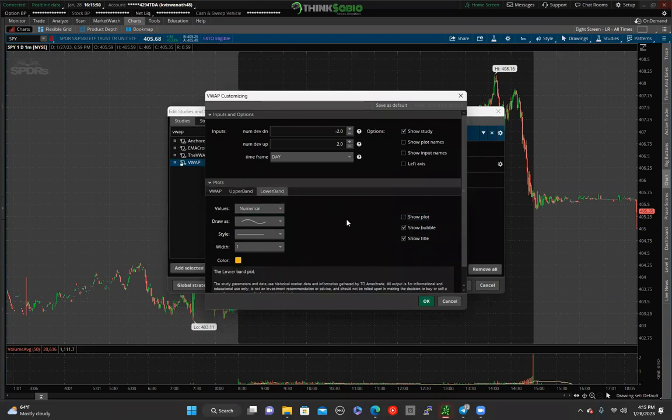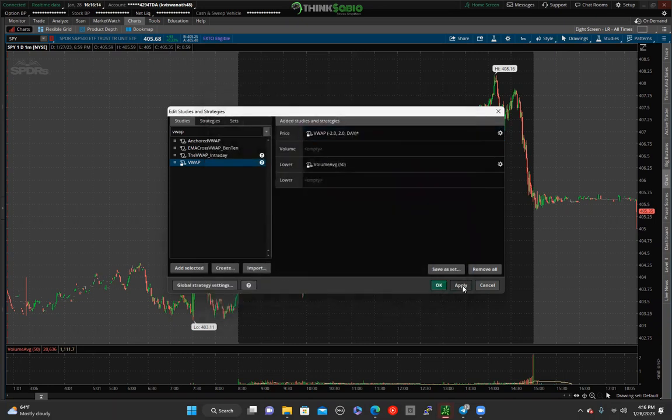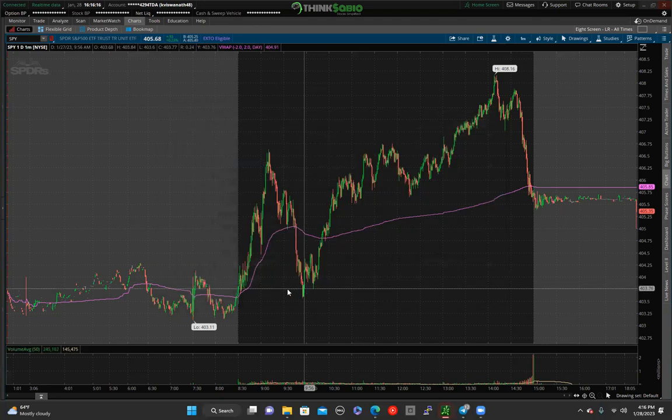This session is being recorded, so if you want to go back and look at these settings again, the video will be uploaded to YouTube and the link will be provided. So you go to the VWAP and click on settings, the gear icon here, and then you come to upper band, uncheck this, lower band, uncheck this, and then the VWAP itself should be checked. Okay, so I've checked that and I've clicked apply.